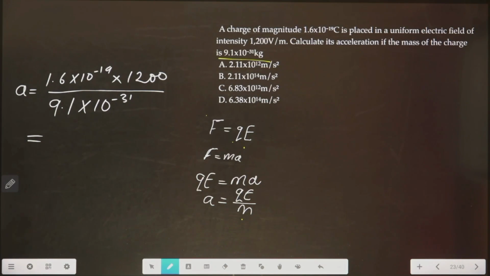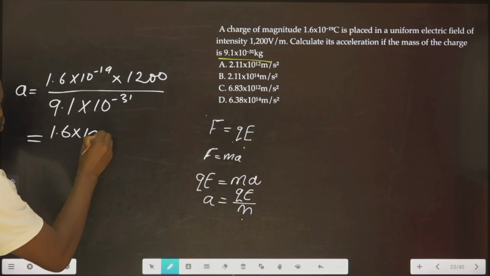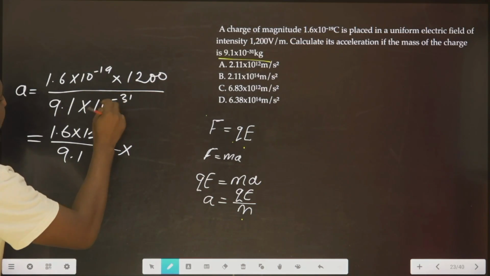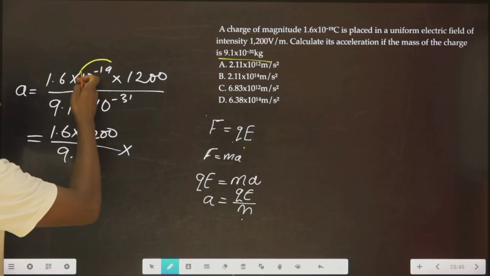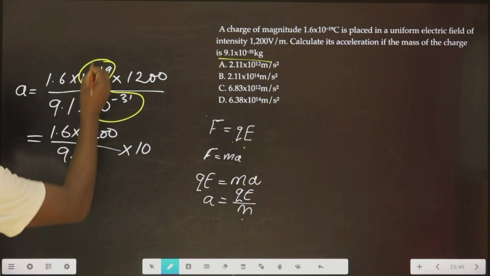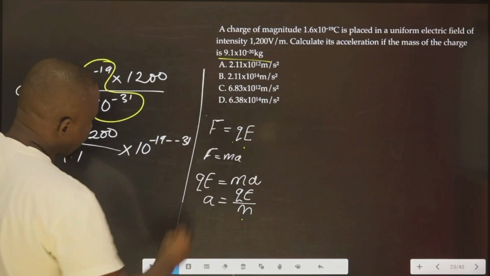To solve this, you agree with me that we can do something very sharp. We are going to say 1.6 times this 1,200 all over this 9.1, so that we can use indices to crush these. That is to say 10 raised to minus 19 minus minus 31, okay?